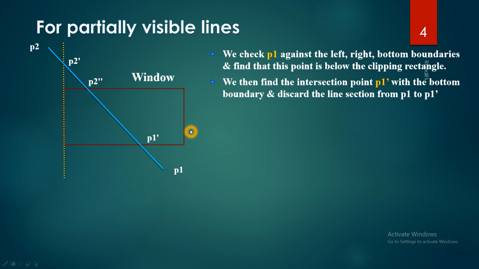We then find the intersection point P1 dash with the bottom boundary and discard the line section P1 to P1 dash. We get the intersection point here. So we discard the line P1 to P1 dash.